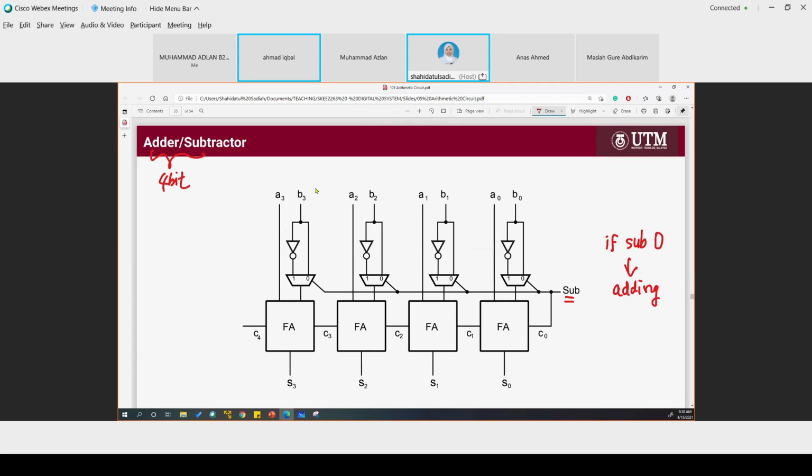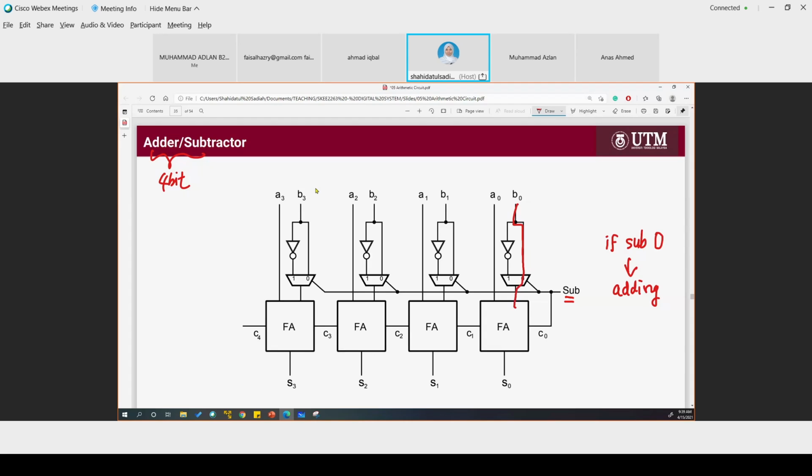When sub is 0, which B are we going to choose? Is it complemented or not complemented? Not complemented. Okay, this one is complemented, without the not complement.